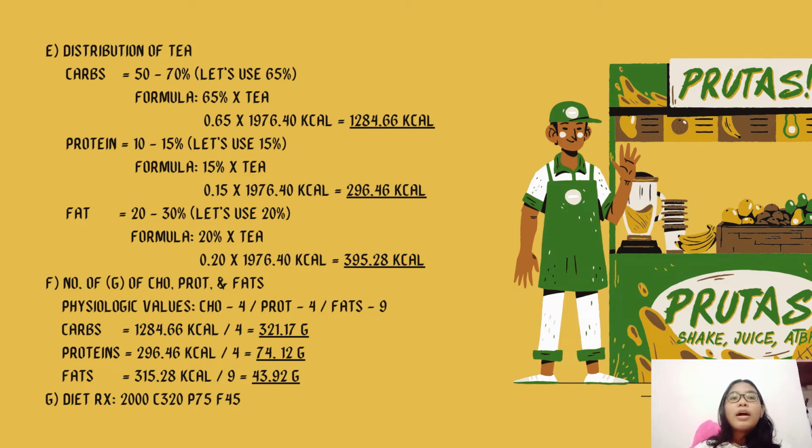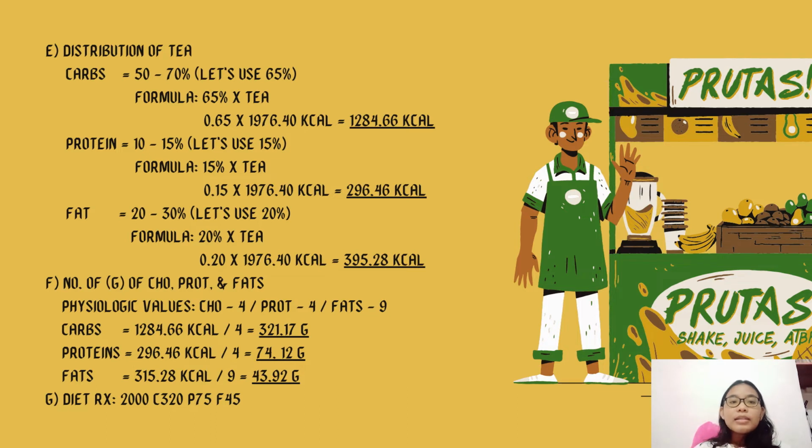With that, the formula of carbohydrates consists of 65% times T, or 0.65 times 1,976.40 kilocalories, which is equal to 1,284.66 kilocalories. Protein has 15% times T, which is 0.15 times 1,976.40 kilocalories and is equal to 296.46 kilocalories.